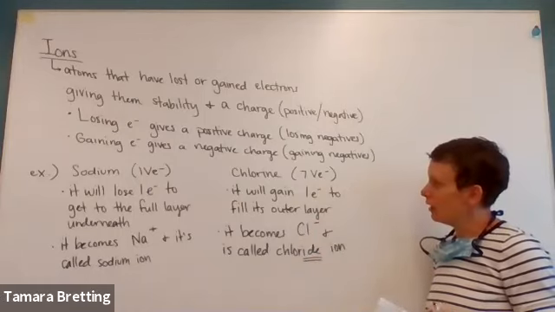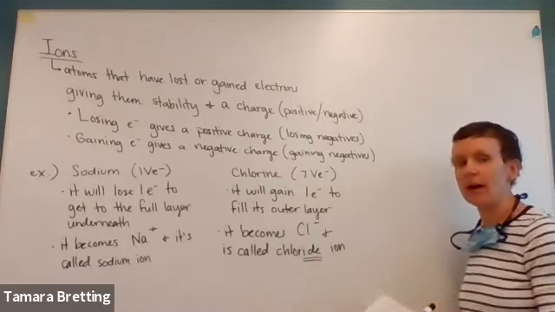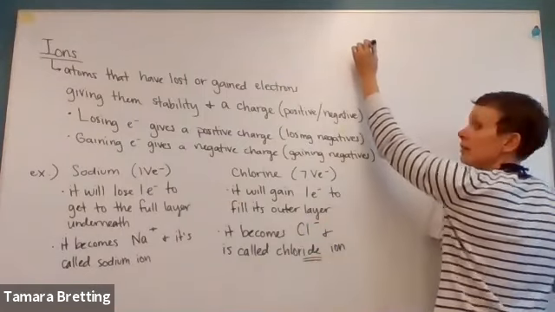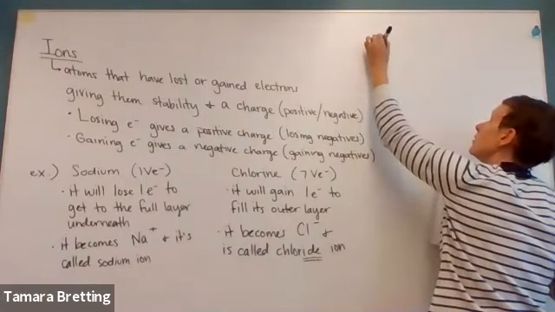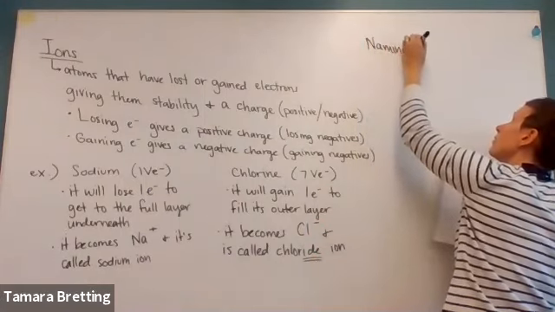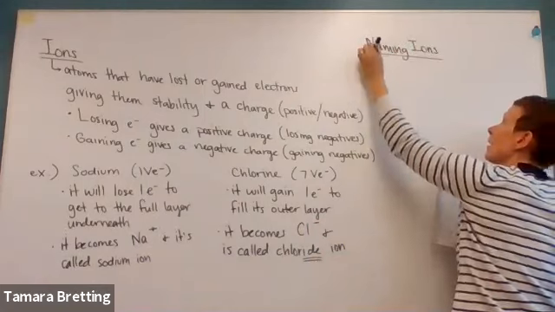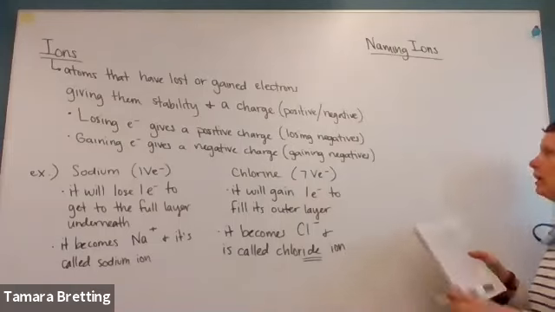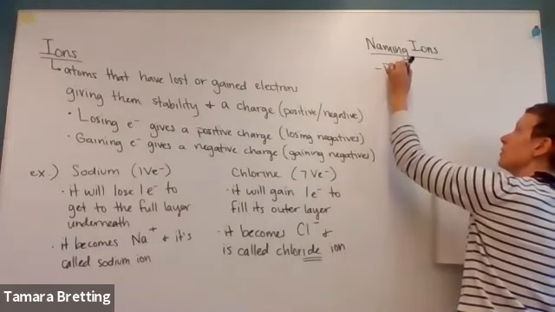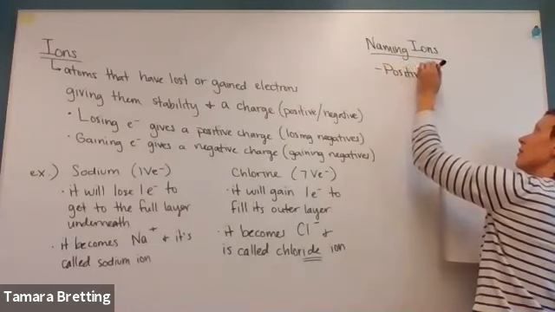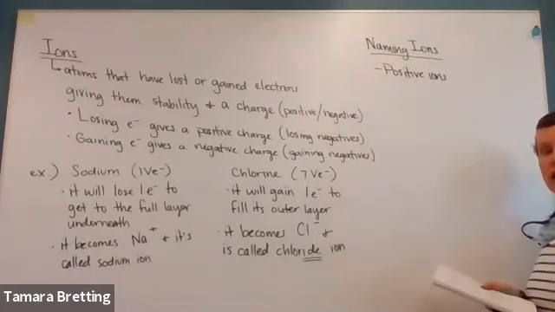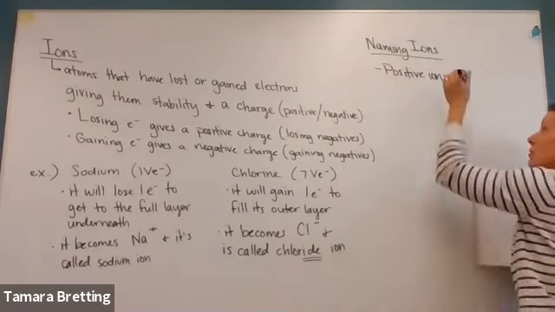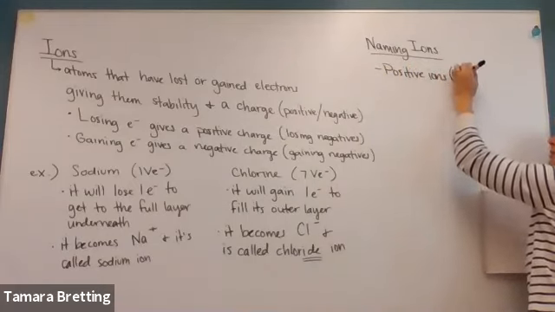Okay. All right. Now we're going to talk about naming ions. I'm going to squeeze it into this space over here. I already talked about it a little bit when we went over those examples, but we're going to talk about it a little bit more. So positive ions, as a group, are called cations.